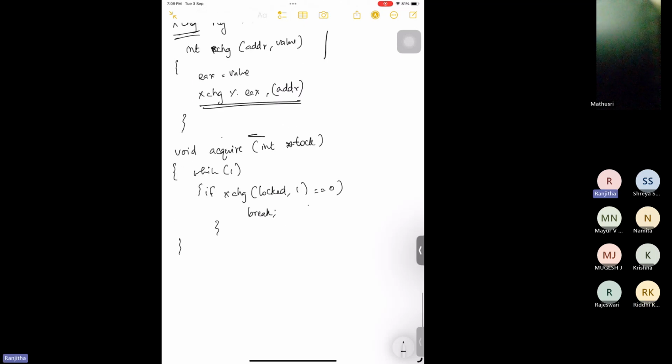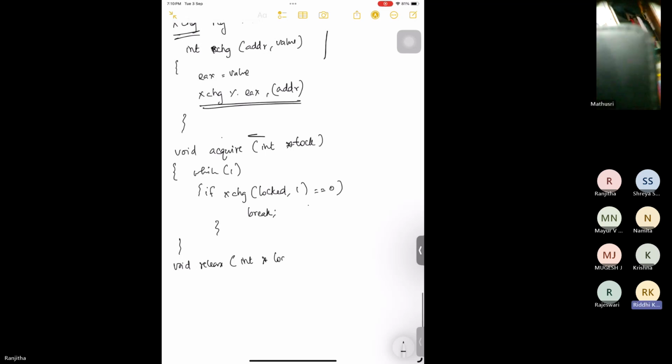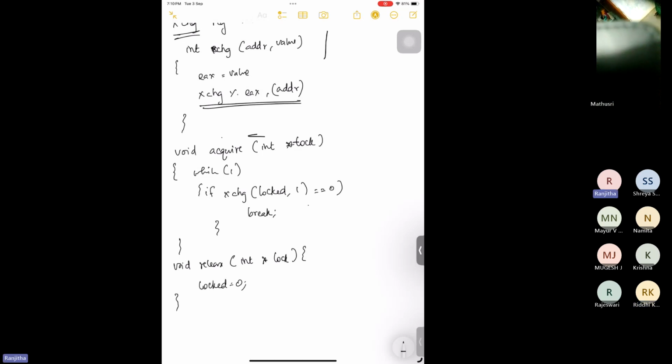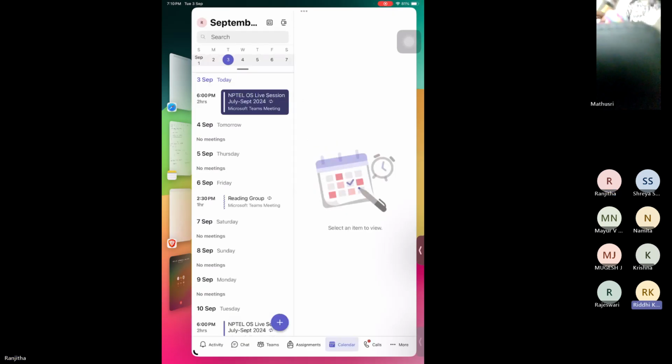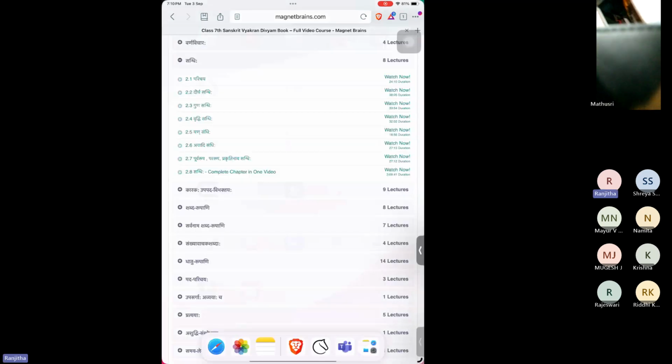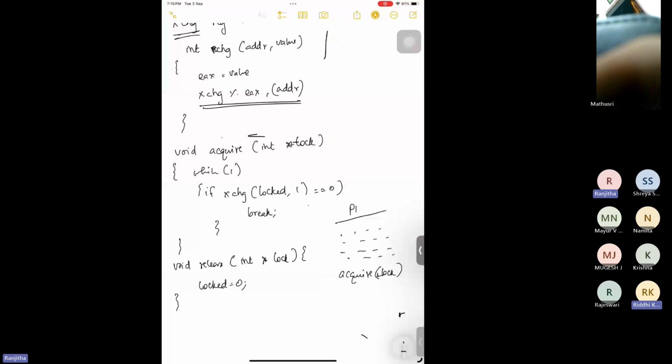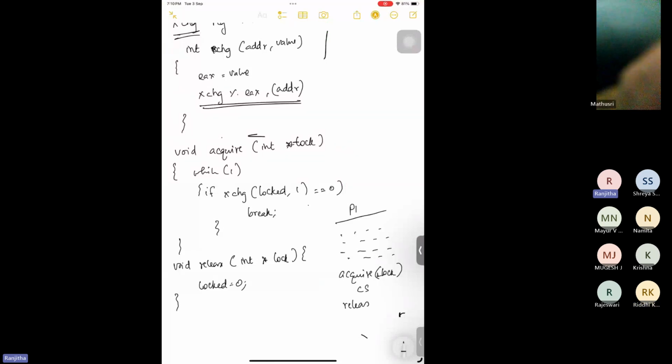Now release will be the counterpart. Inside the process, there will be instructions where we call acquire lock, then we will have the critical section and then we will release.